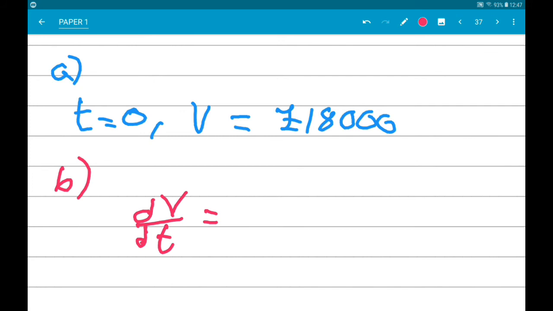So we're going to get minus 0.25 times 15,700 e to the minus 0.25t.